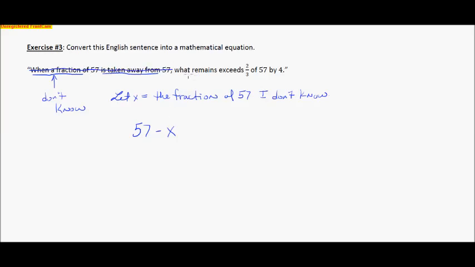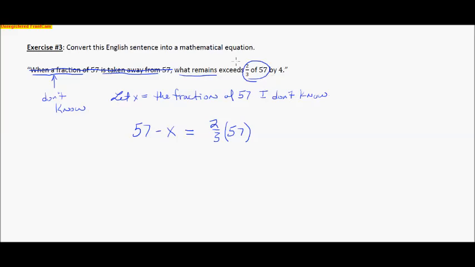Alright, and what remains, well, that's a good way of saying this equals. So what remains equals, what remains exceeds 2/3 of 57. Well, how do I write this? 2/3 of 57, well, of means multiply. I'm going to use parentheses to say I'm multiplying 2/3 of 57.